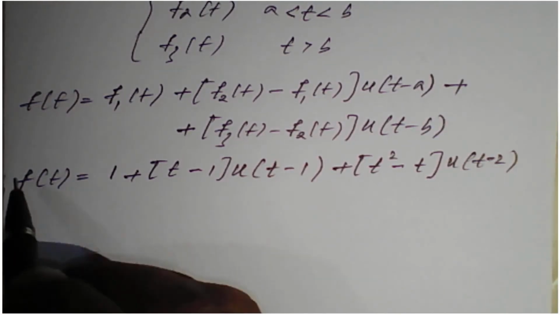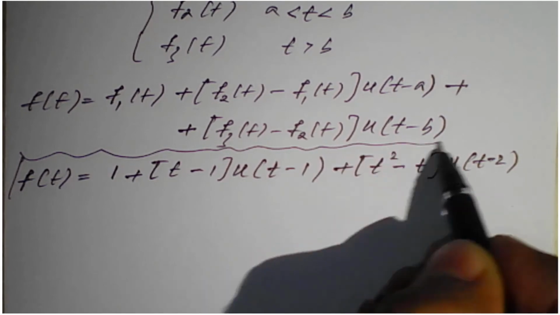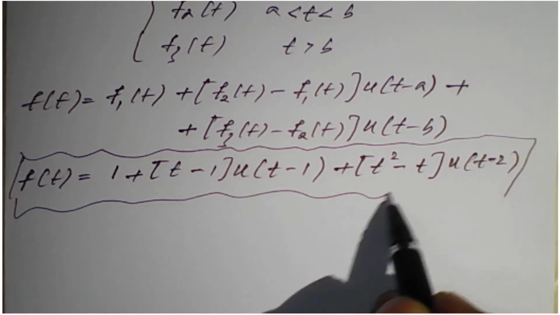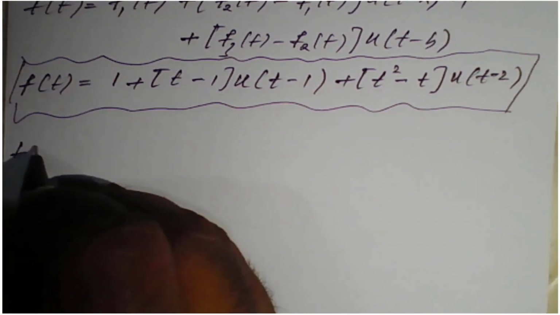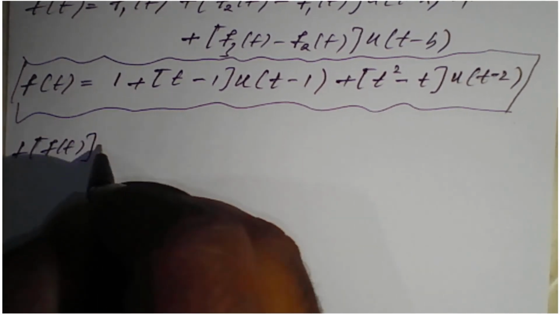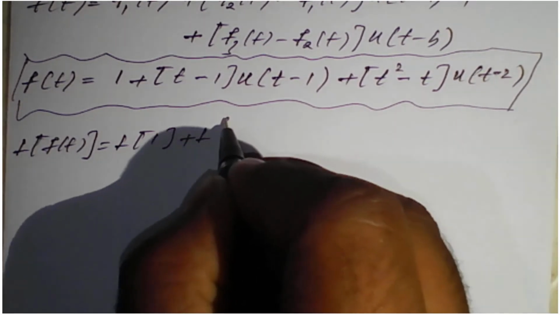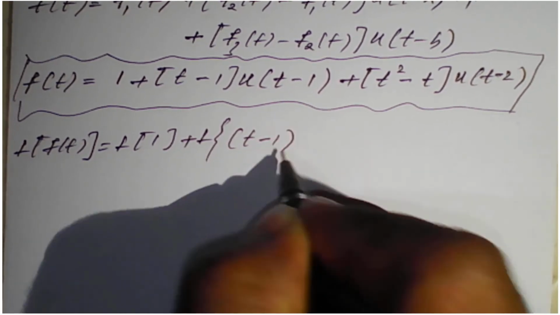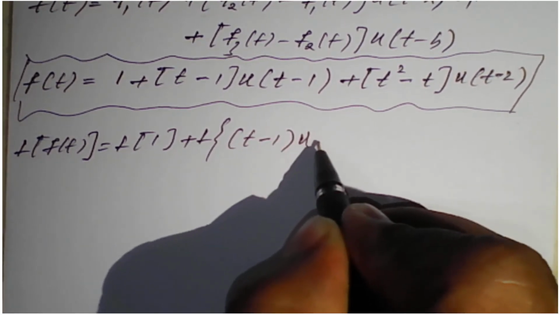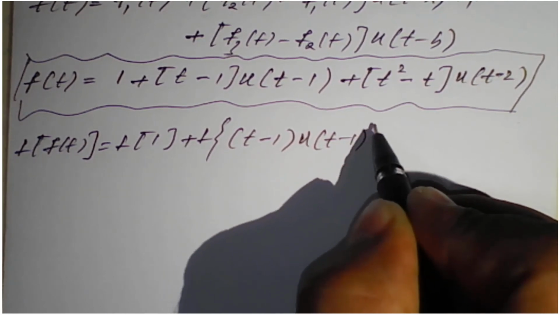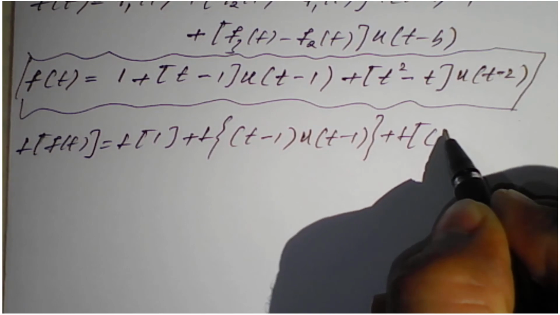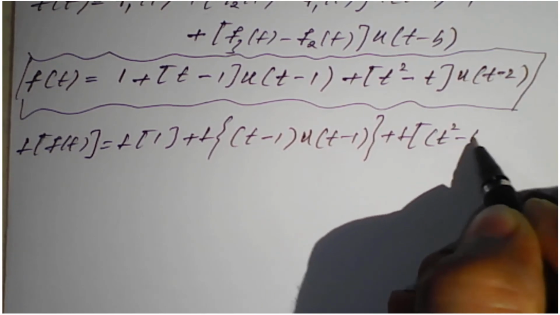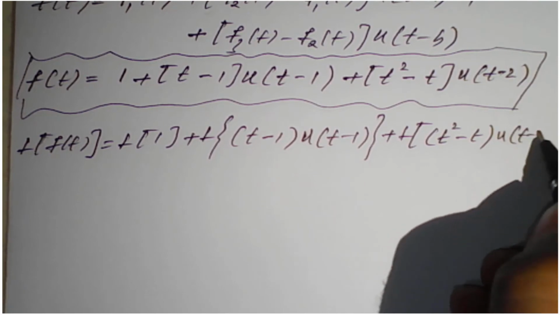So we got this f of t now by using the formula. So we need to apply Laplace transform for this. So we have almost 3 terms. So first you apply Laplace transform. So Laplace transform of 1 plus Laplace transform of t minus 1 into u of t minus 1 plus Laplace transform of t square minus t into u of t minus 2.